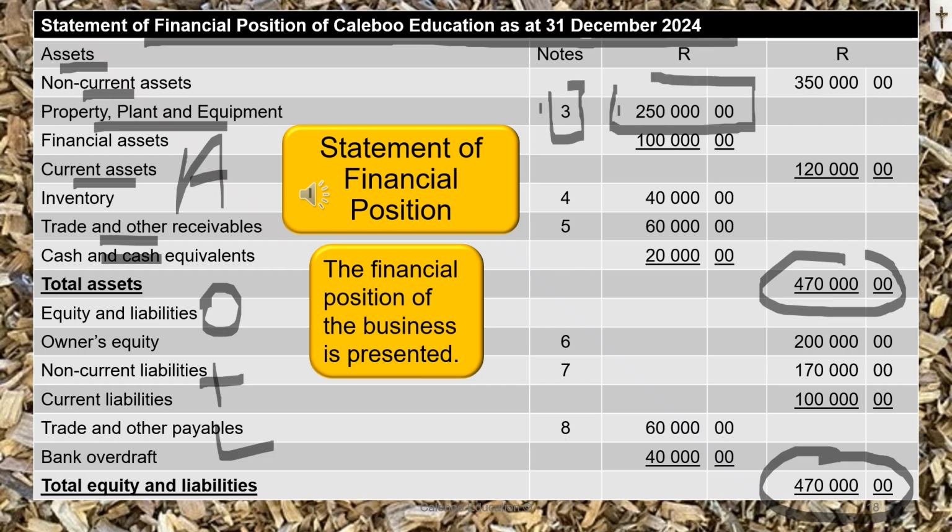That is the book value of the PPE, the non-current assets. You got financial assets in this one, current assets made up of inventory, trade and other receivables. Then you got your owner's equity, and you've got your current liabilities. Non-current liability was a loan.